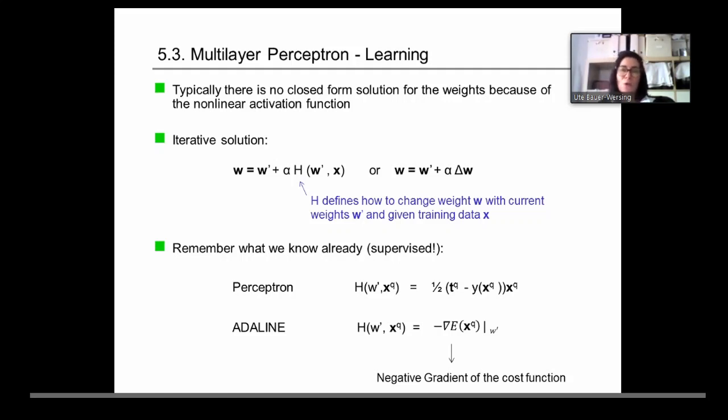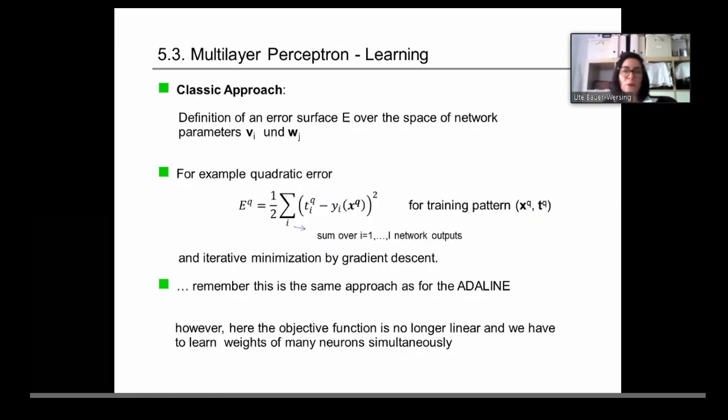Multi-layer perceptrons are supervised architectures, and especially the error backpropagation. So this is how this all relates. We are not doing something different right now. We are just using the concepts we already know, and we extend them to multi-layer networks.